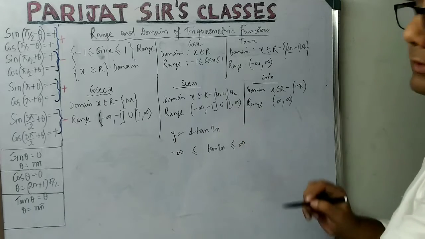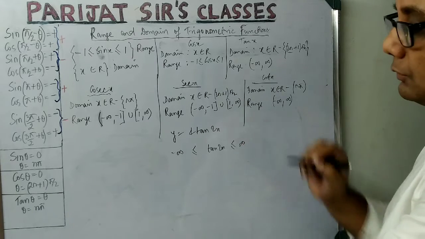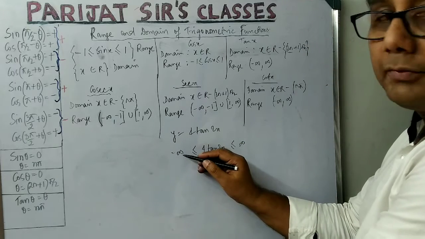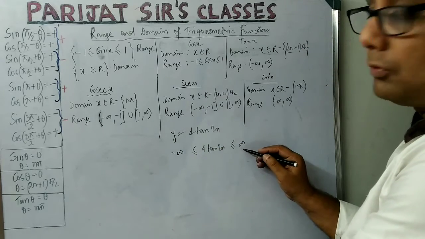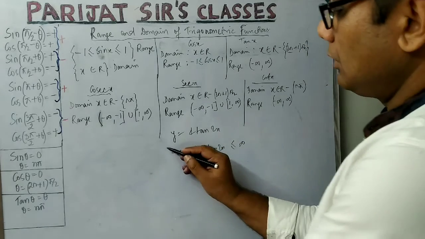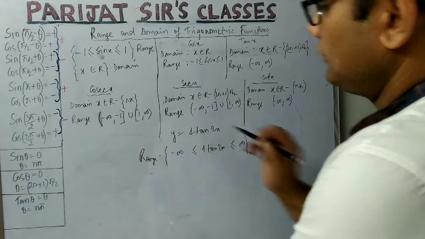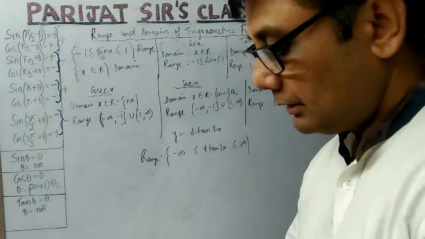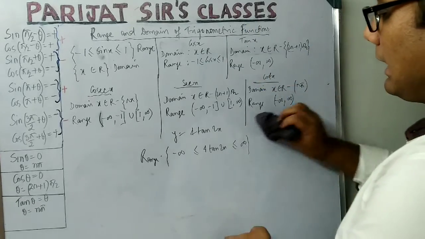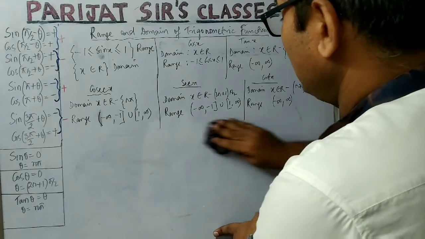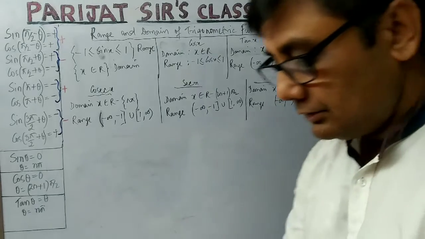Whether it is x or 2x or 3x does not matter, but there is a 4, so multiply with 4. If I multiply -infinity and infinity with 4, the result will not change. So this is the range of this function. Are you getting it? It's very easy. You just remember that the angle will have no control over the range.